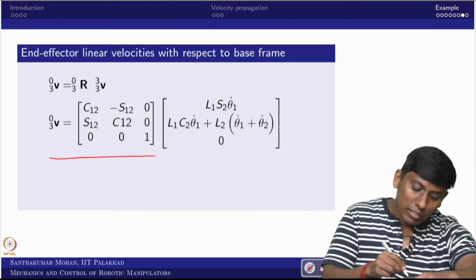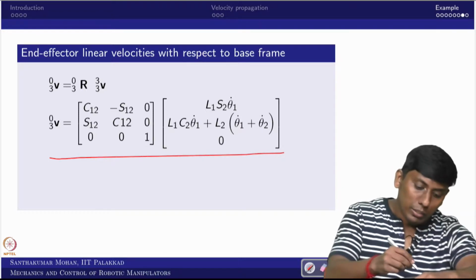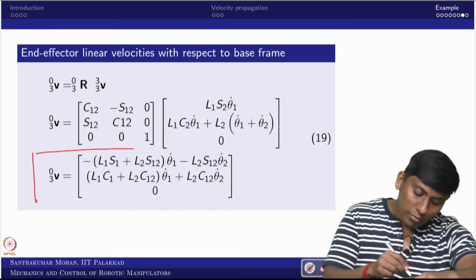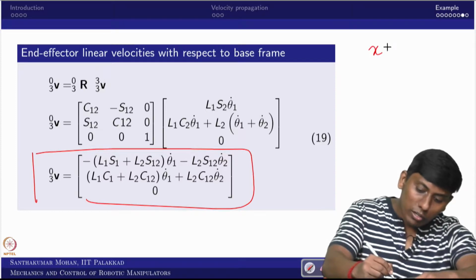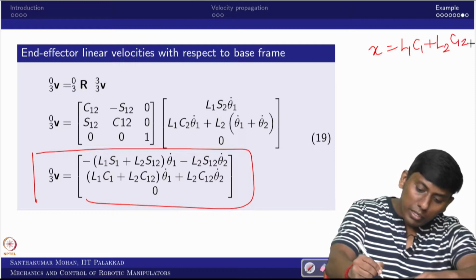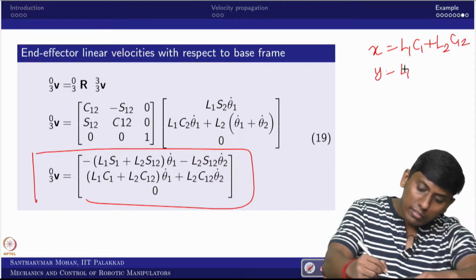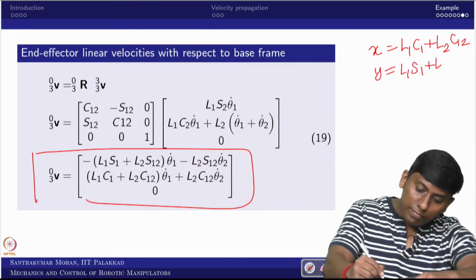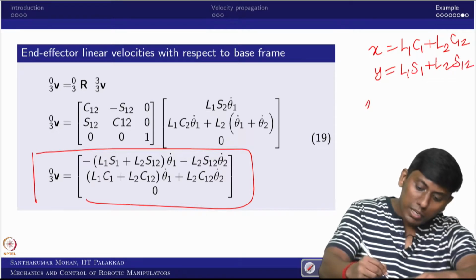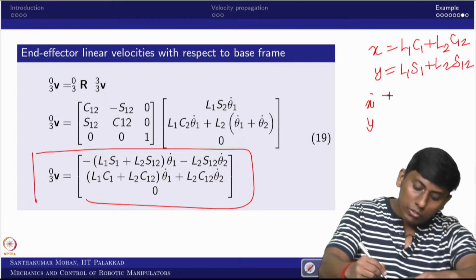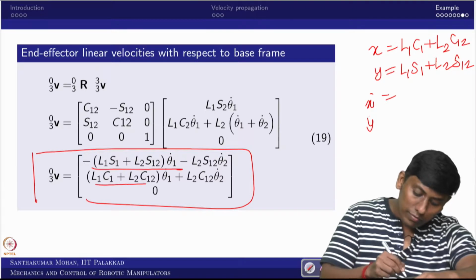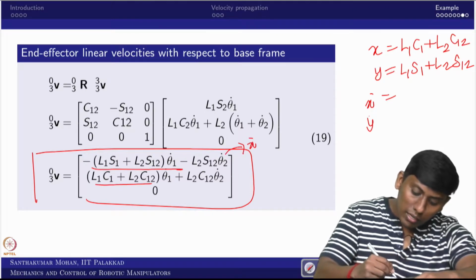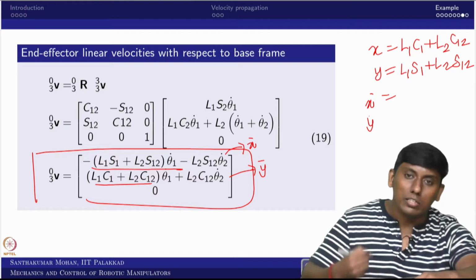Now you can see this is the end effector velocity, you multiply all those things and this is what you obtain. You can cross check what L is. Your x is this, your y is this. If you take x dot and y dot, that would be equivalent to this, right. This is equivalent to x dot and this is equivalent to y dot, this is matching, right.